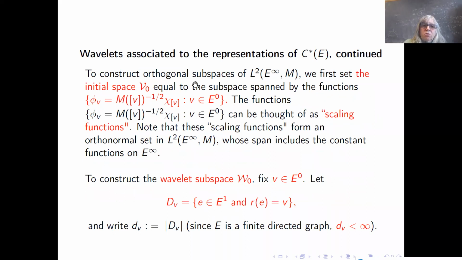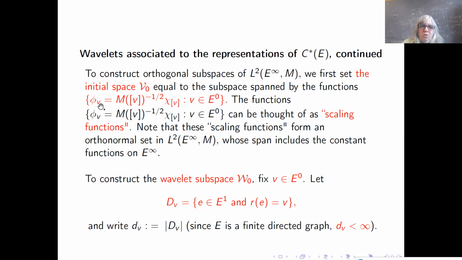So to construct the orthogonal subspaces of L2 of E infinity, the initial space will be the space V0 that is spanned by the characteristic functions corresponding to the cylinder sets coming from vertices. But we need this measure here. We have these formulas here so that we can get the measure.